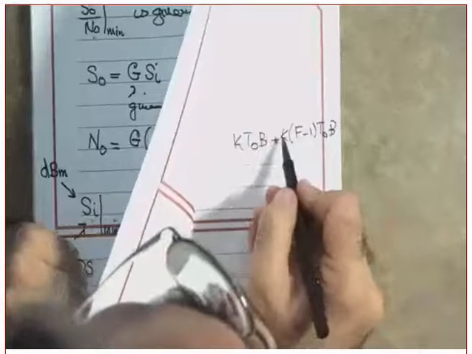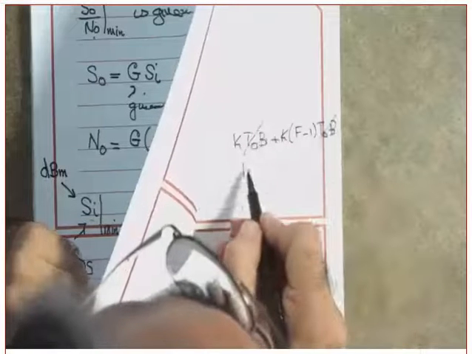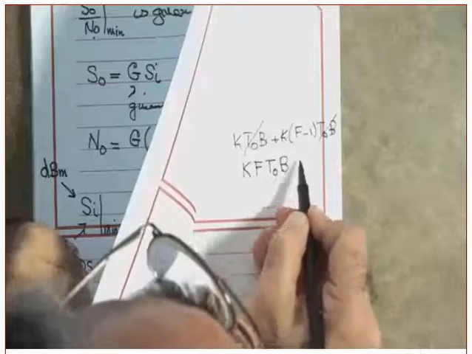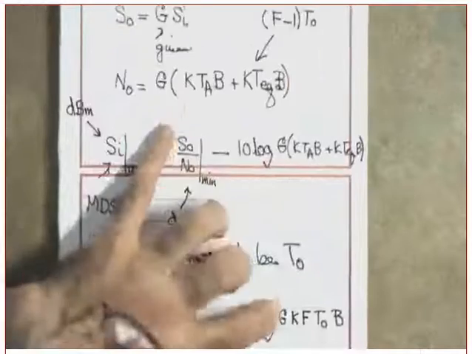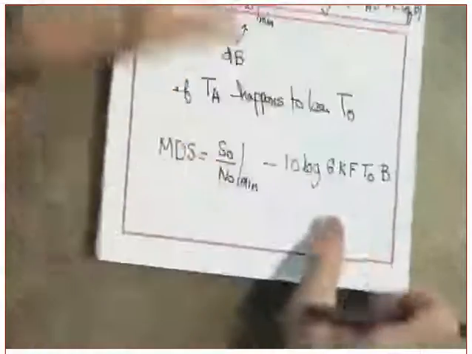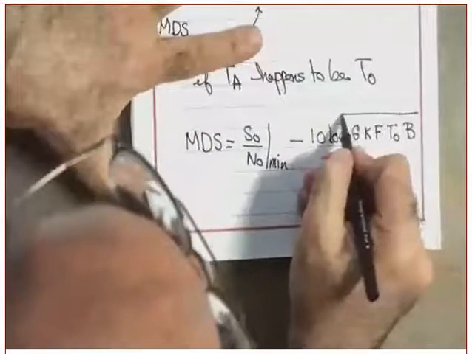Yes. So the K T0 B cancels. So what do I end up with? K F T0 B times G. Is this what you're on? G, G B. Yeah. Clear? That's the minimum detectable signal.